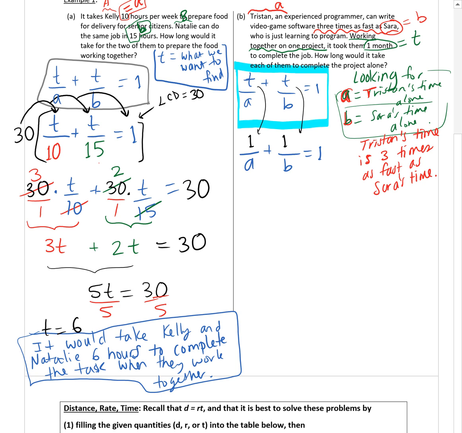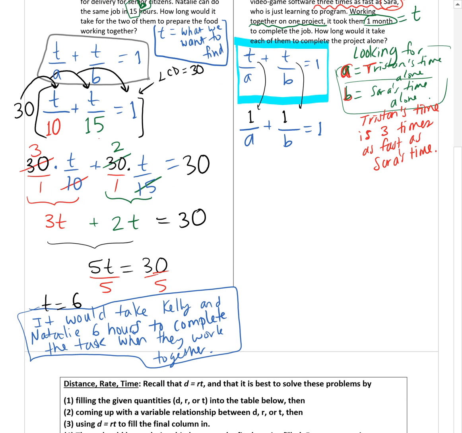But I think that's almost misleading because it makes it seem like, well, does that mean that A, Tristan's time, is 3 times Sarah's time? Because remember we said up here, A is Tristan's time and B is Sarah's time. But I don't think that would make sense because he's working 3 times faster. So I guess what that means is Sarah's working 3 times longer.